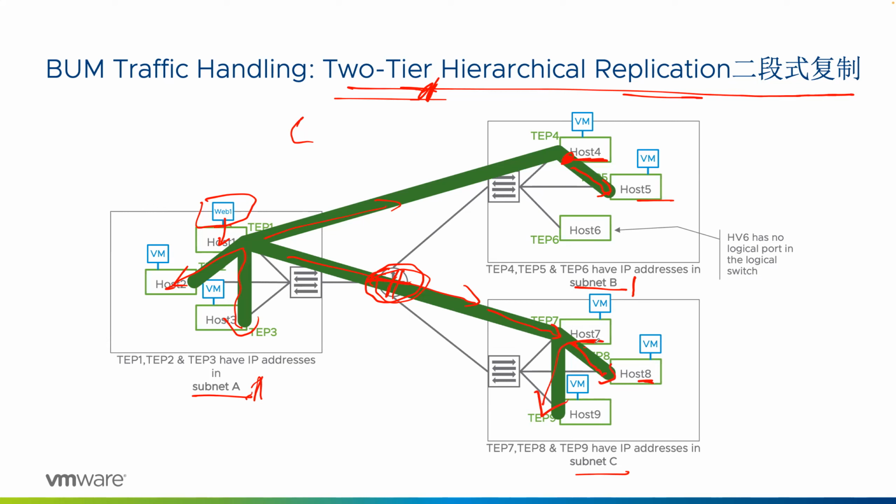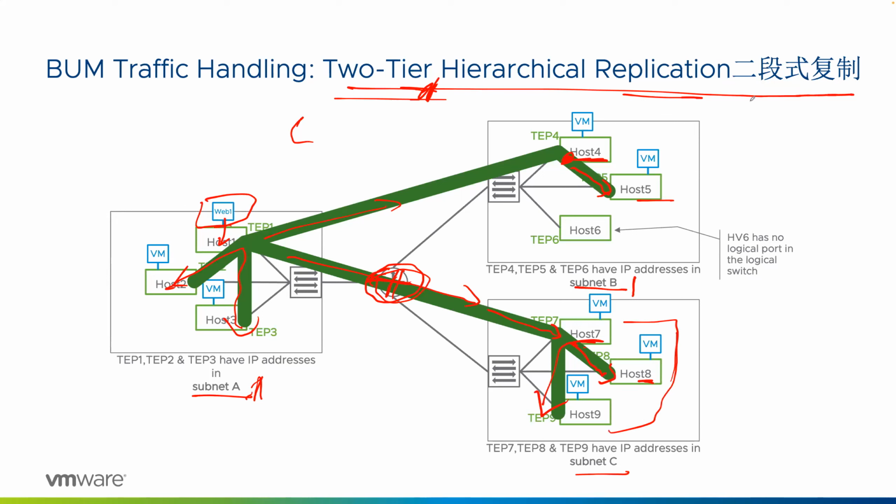This is 2-tier. The source, host 1, makes the first tier replication to specific destinations, and those destinations do the second tier replication for their local distribution.